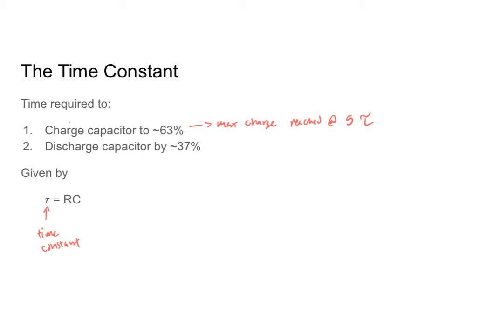The equation that relates those is that the time constant tau is equal to the resistance times the capacitance. Specifically, it's the resistance of the resistor and the capacitance of the capacitor in our circuit.